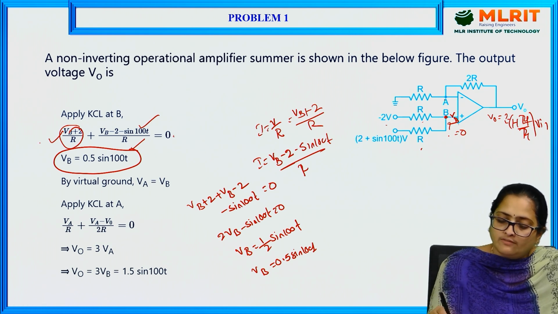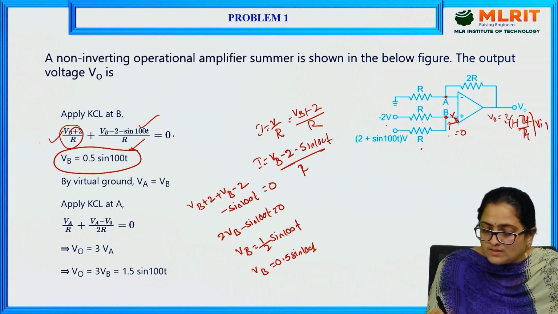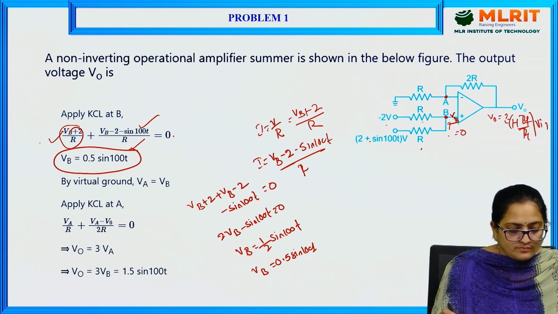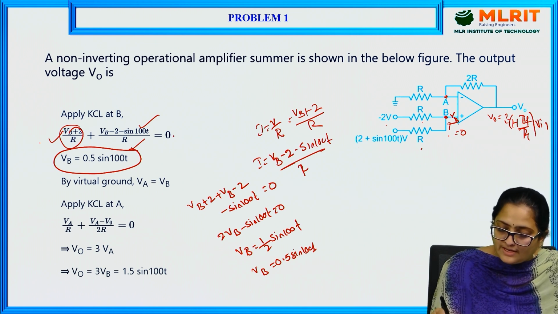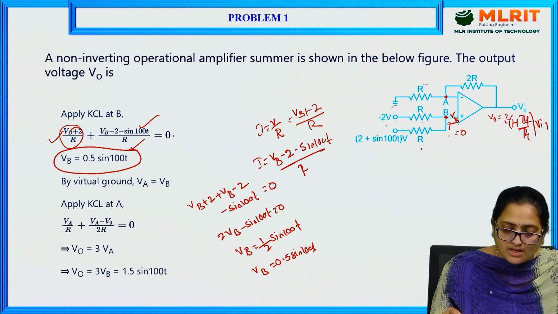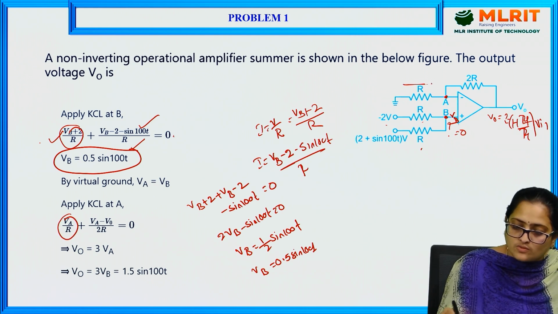So the voltage across the node B is 0.5 sine 100t. By applying the virtual ground concept, voltage across the node B will be equal to voltage across the node A. So, by applying a KCL across the node A, the current is given as VA minus 0 by R, which is VA by R, across this node.